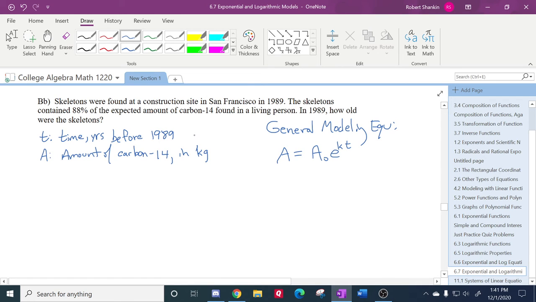Now the pattern we're going to wind up getting into with these problems is we need to find the constants A0 and k to get the specific modeling equation.